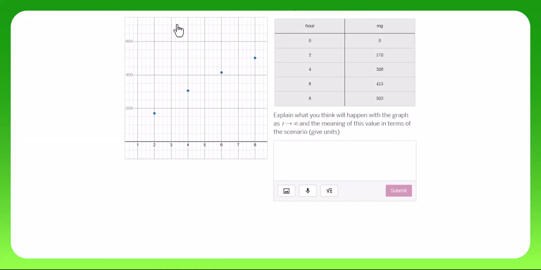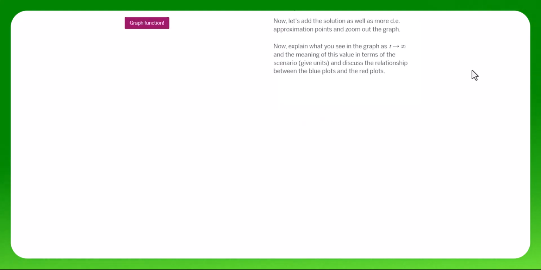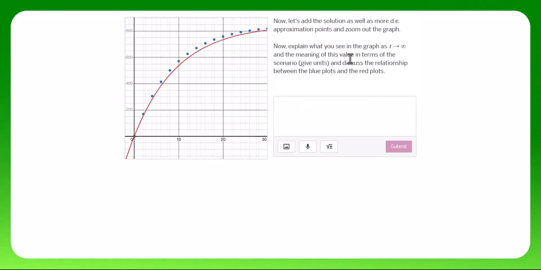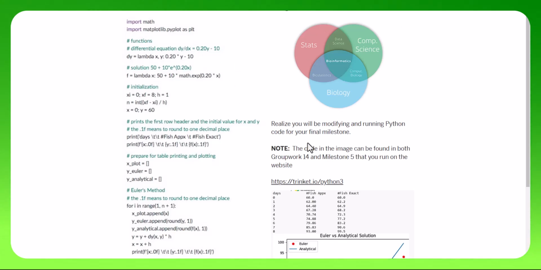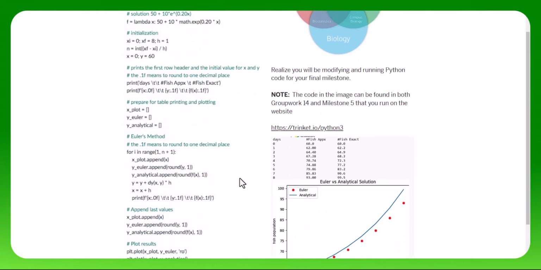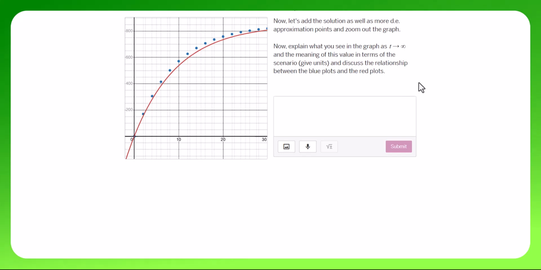All right, graph differential equations, explain what you think is happening here in the long run. Same thing with the metformin. We're trying to see what this value is going to, okay? And we typically, in a course, when we're looking at something like this, and I'll mention it when I get to that next slide, is when we're wanting to see what is happening in the long run.